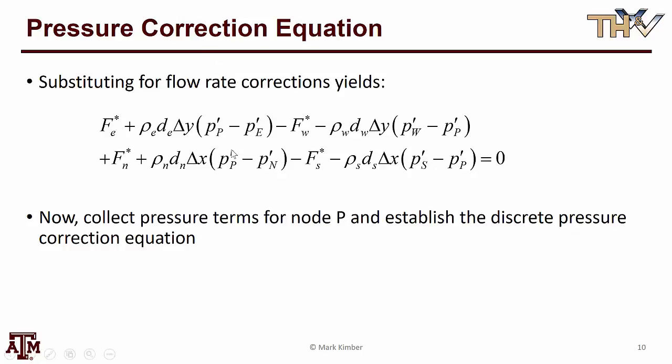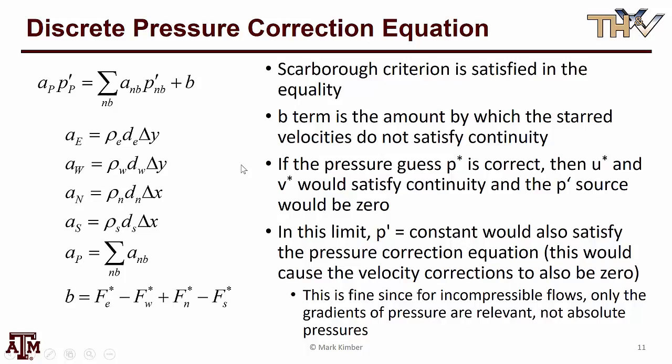And we've got a bunch of pressure corrector nodes that we need to solve for. So the idea is to now collect all the pressure correctors into a discretized form, and that's what you see here.